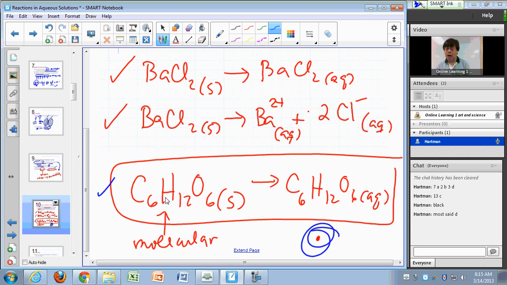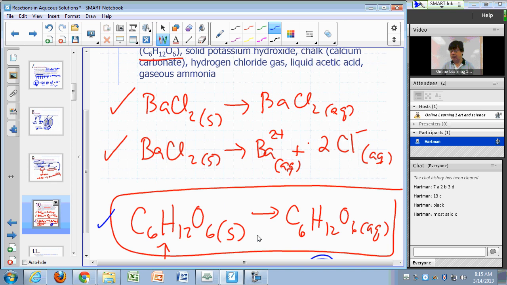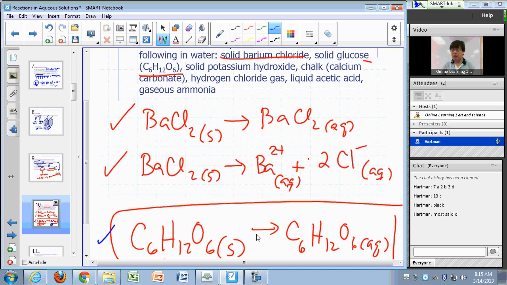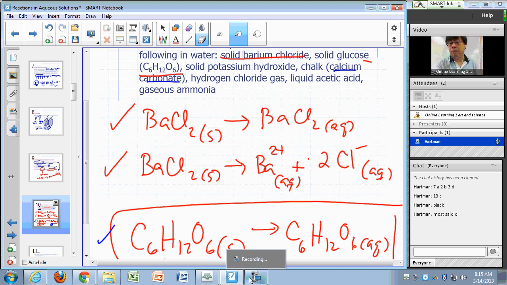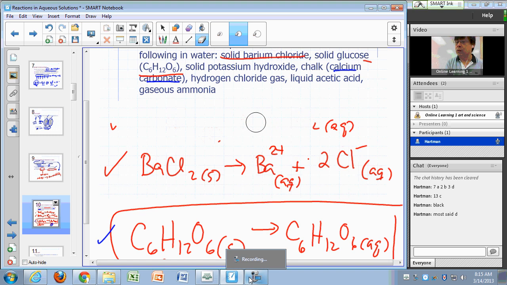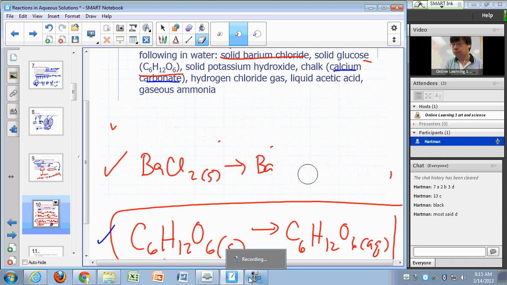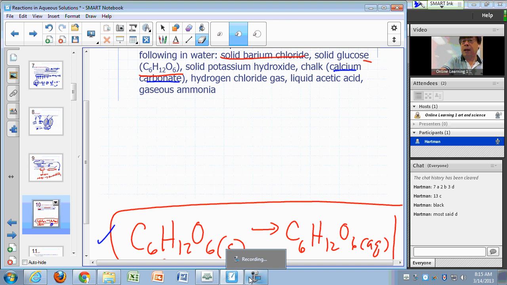So this is the only way to represent the dissolution of glucose in water. For a molecular compound, whether you have a solid or liquid, you put it in water, you just write the same formula and you write parentheses aq to indicate that it's in water. What about calcium carbonate, chalk? What do we know about chalk? Have you ever tried mixing chalk with water? In one of your labs, you'll do this, and you'll find that if you mix chalk with water, it's not going to dissolve.